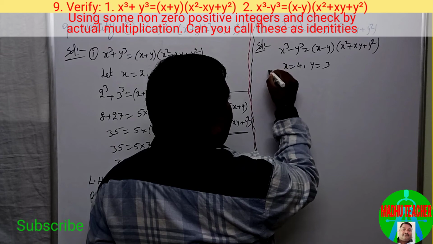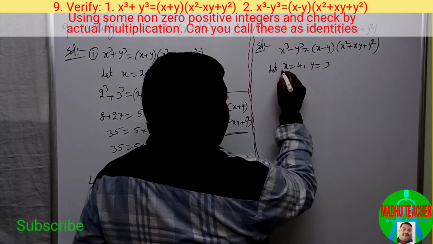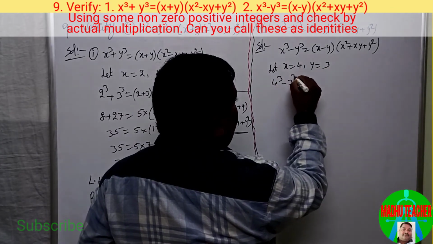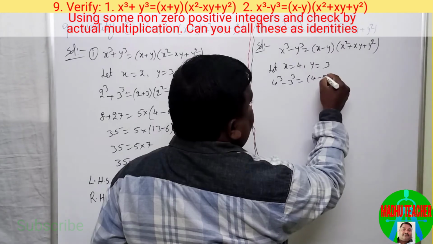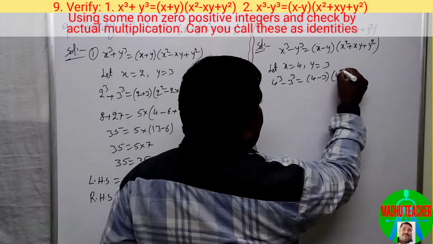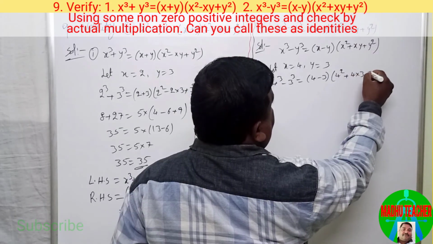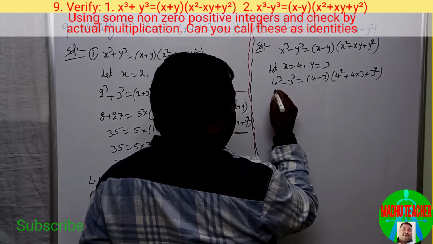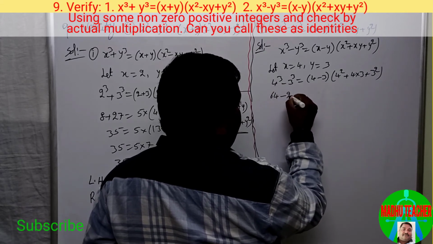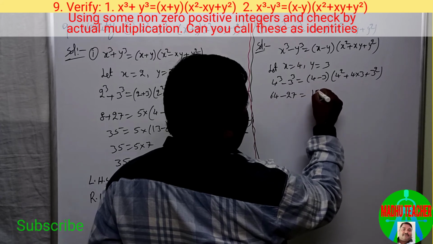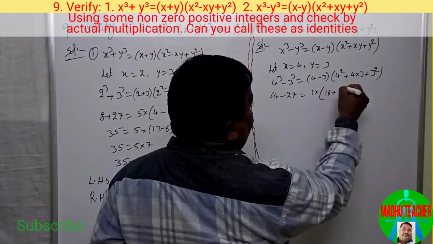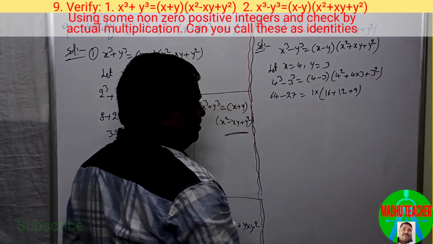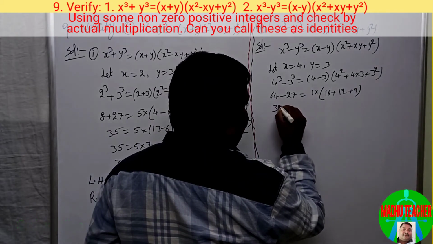By substituting these two values in both LHS and RHS, we will get 4 cube minus 3 cube equal to x minus y, 4 minus 3, into x square, 4 square, plus x into y, 4 into 3, plus y square, 3 square. 4 cube, 4 4s are 16, 16 4s are 64, minus 27, equal to 4 minus 3, 1, into 4 square is 16, 4 3s are 12, 3 square is 9. 64 minus 27, 37.